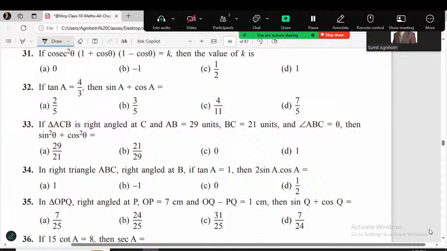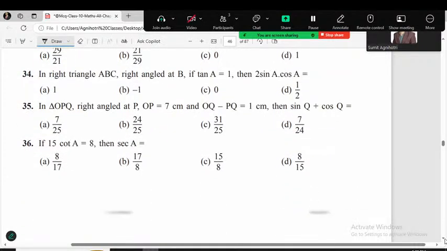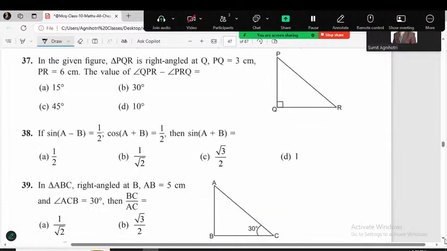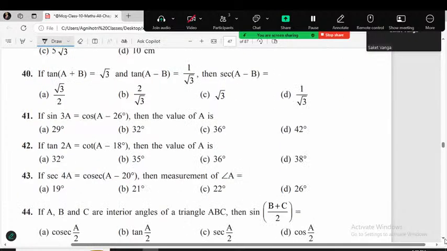Okay, now take the screenshot of the next page. Now take the screenshot of this. Now take the screenshot of this.